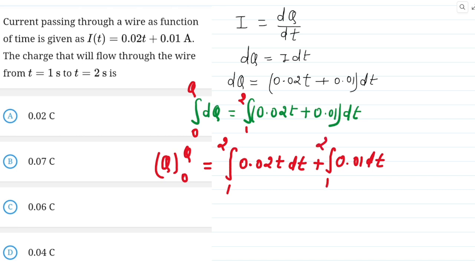Now we put upper limit minus lower limit, so it is q minus 0, which is equal to the integration of 0.02 t dt.